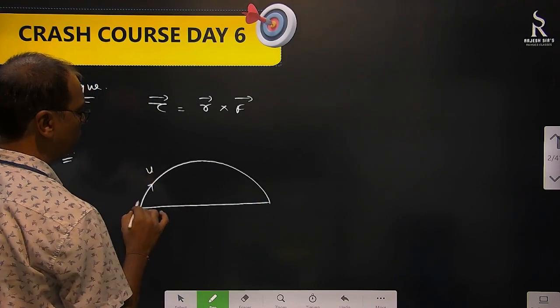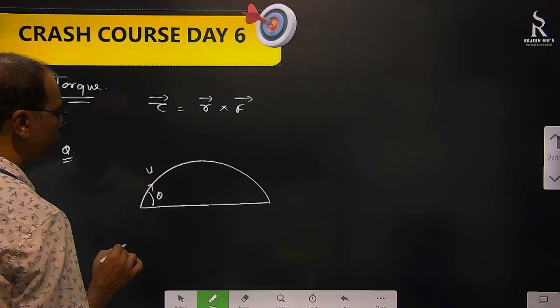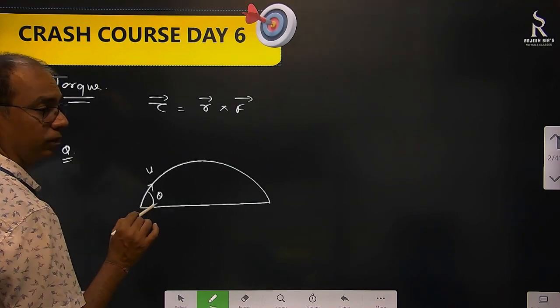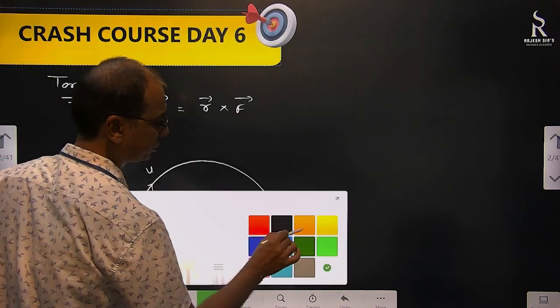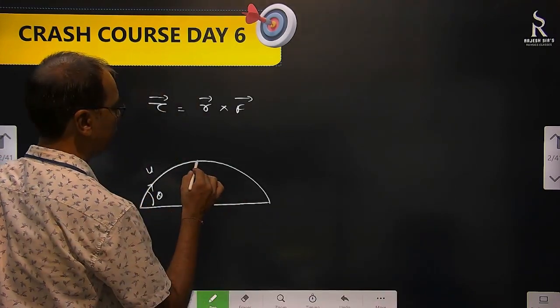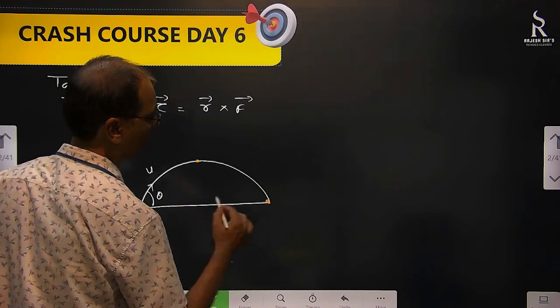This is the velocity of projection and this is the angle of projection. Suppose now I want to know the torque of this projectile when it is at the highest point, and when it is about to strike the ground.